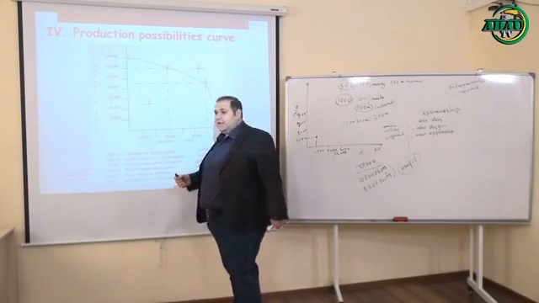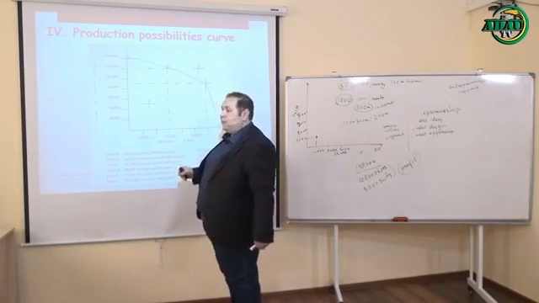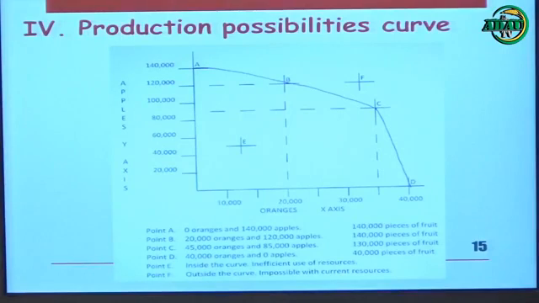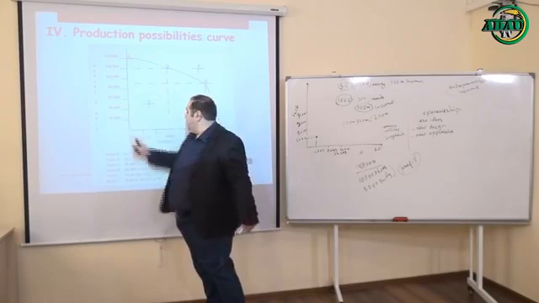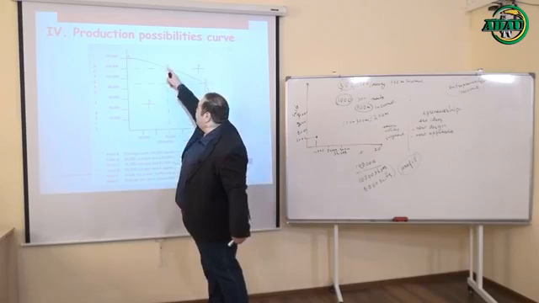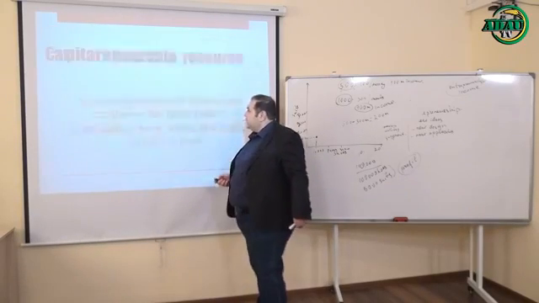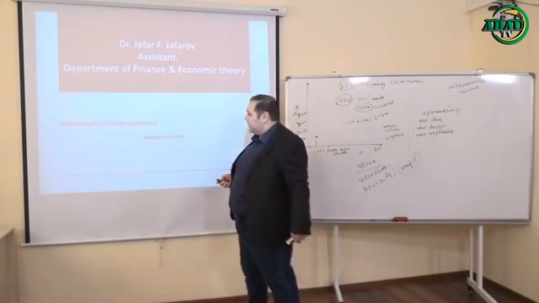You need to spend this amount of money at this possible point on the curve, where you can properly produce apples and oranges with your limited resources.